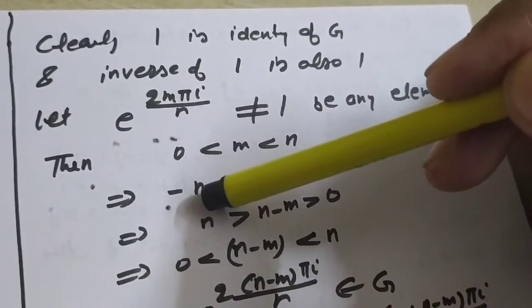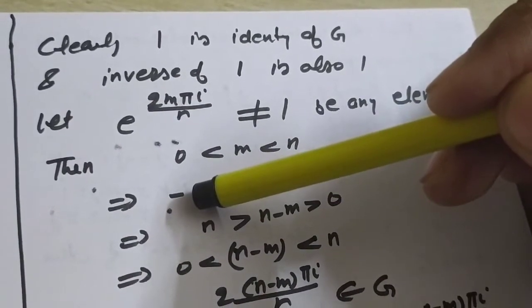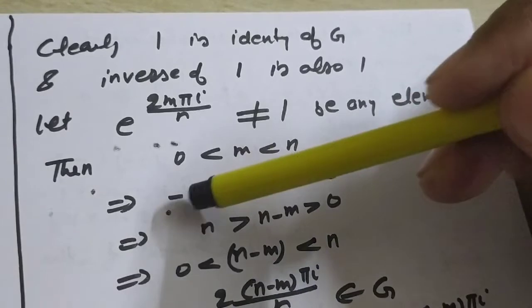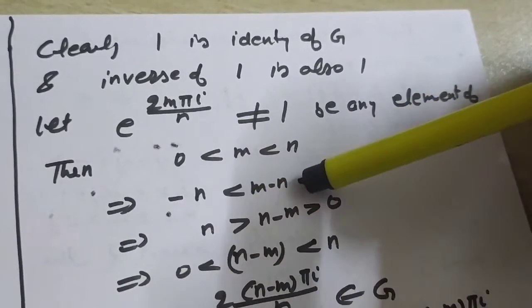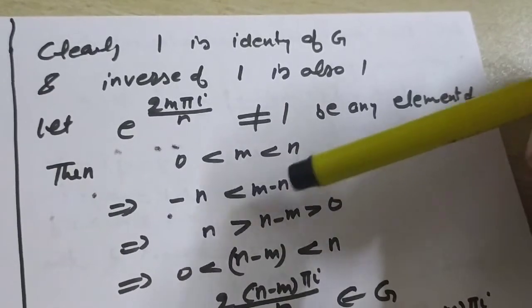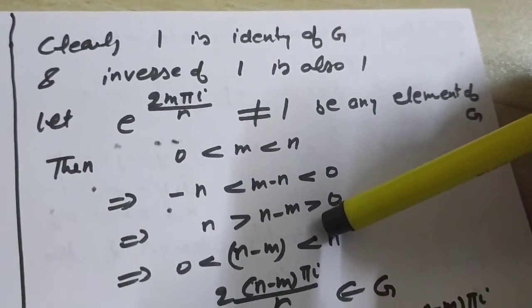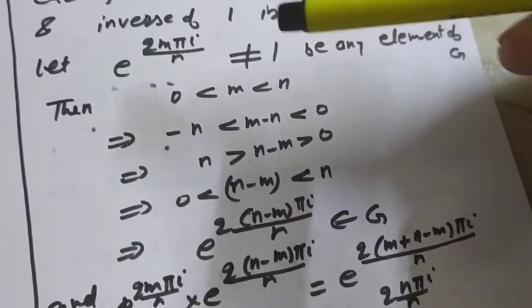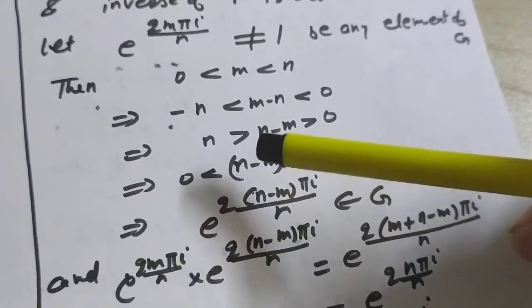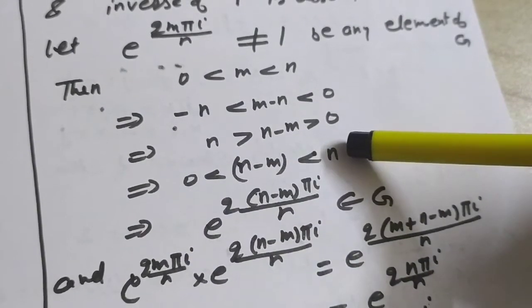Now I have multiplied by a negative sign on all the three terms. When you multiply the terms with a negative sign, the inequality gets reversed. Here it is less than, when I multiply with negative, this will become greater than. Hence I get here n minus m lies between 0 and n.